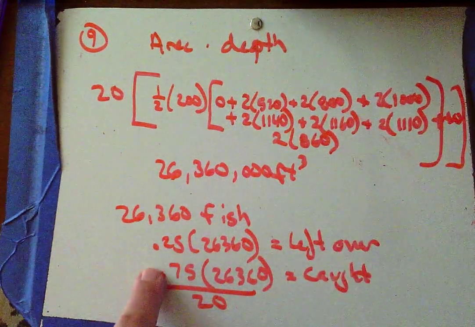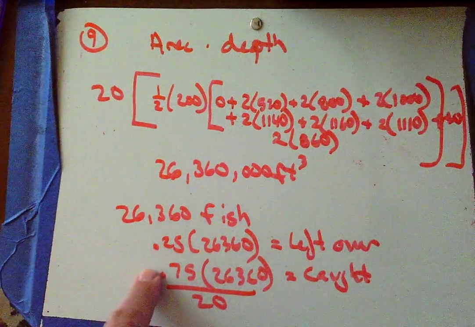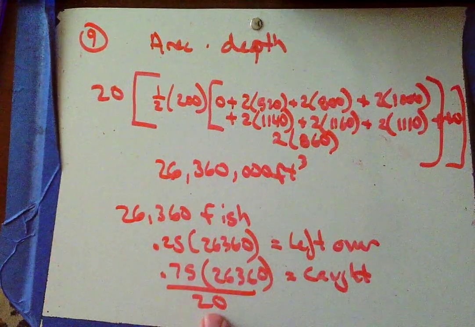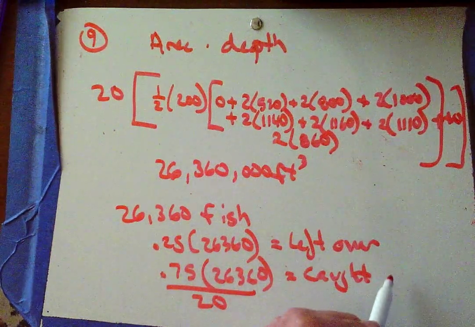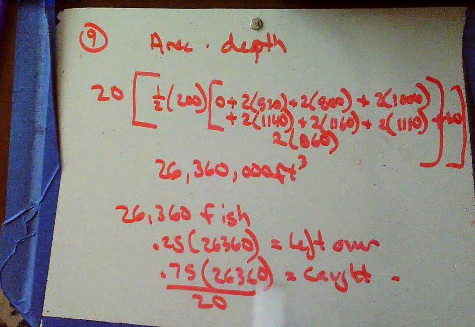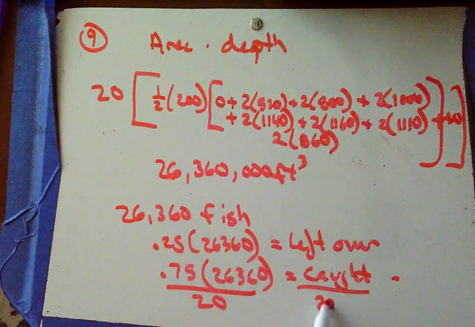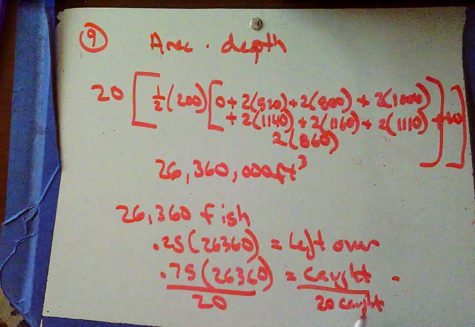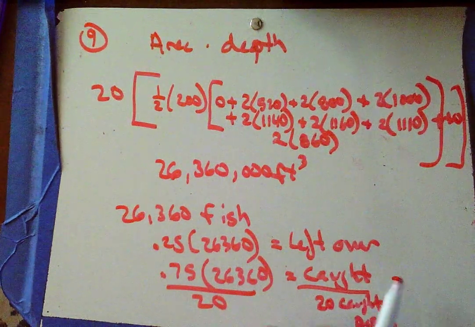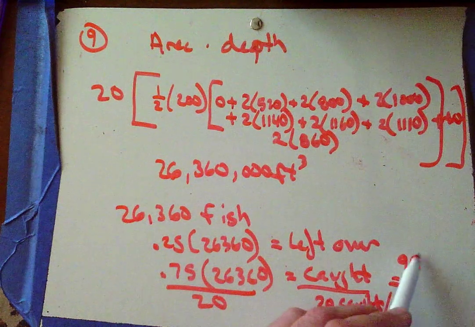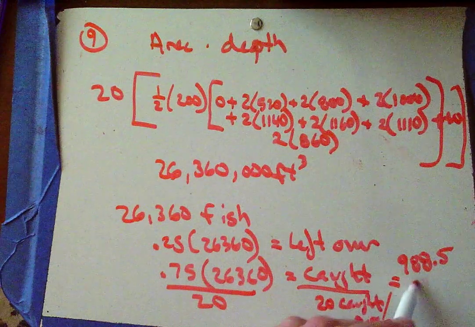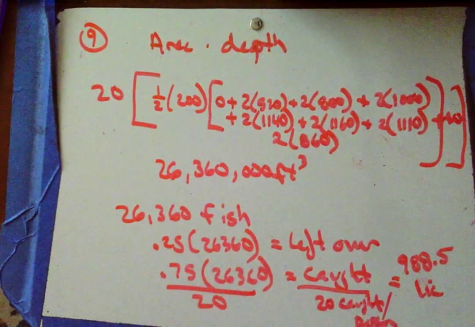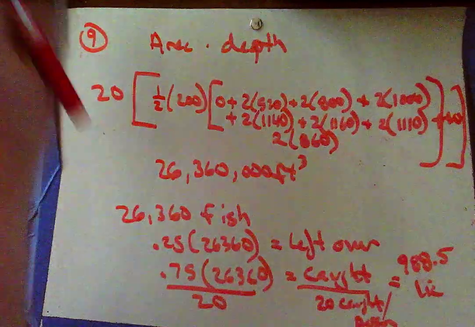So I've got 75% of the original fish were caught, and we're going to divide that by 20 caught per person to find out how many licenses we could have, and so I end up with 988.5 licenses or people. Okay, there's part B. We're done with number 9. Number 10.